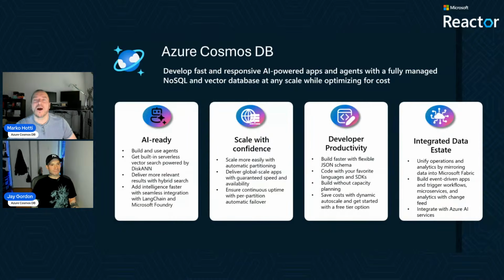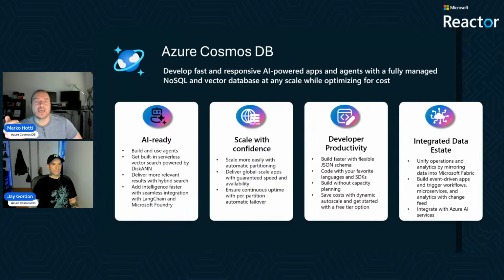When we think about building modern applications, whether it's for IoT or real-time personalization, gaming, mobile application backends, or any type of large-scale transactional systems, developers consistently run into the same challenges: scalability, latency, and operational complexity.